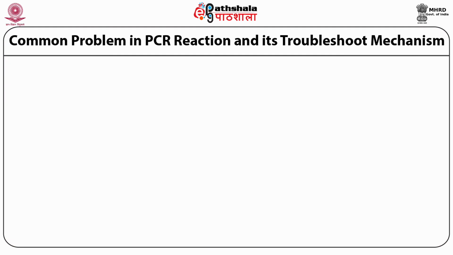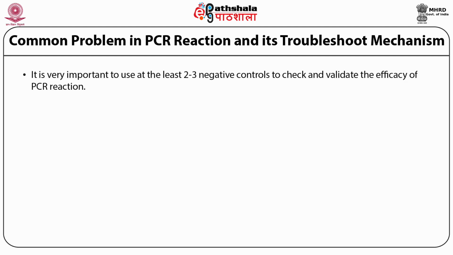Now come to the different problems in the PCR which you might encounter while performing an experiment. It is very important to use 2 to 3 negative controls all the time to validate the efficacy of a PCR reaction.